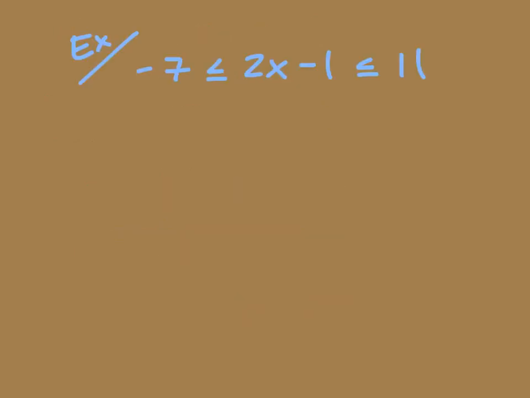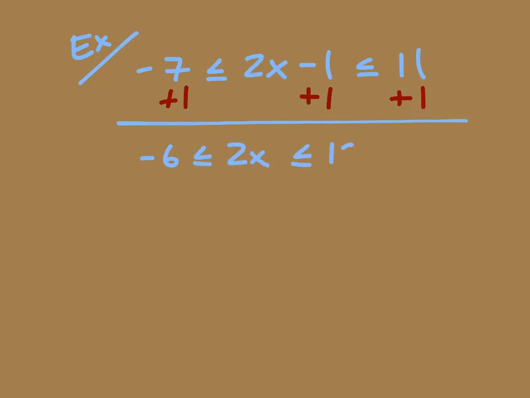On something like this, I've got -7 is less than or equal to 2x minus 1, which is less than or equal to 11. If I want to solve this for x, I want to isolate x in the middle. So I'm going to add 1 to all three parts, and I'm going to get -6 is less than or equal to 2x is less than or equal to 12.